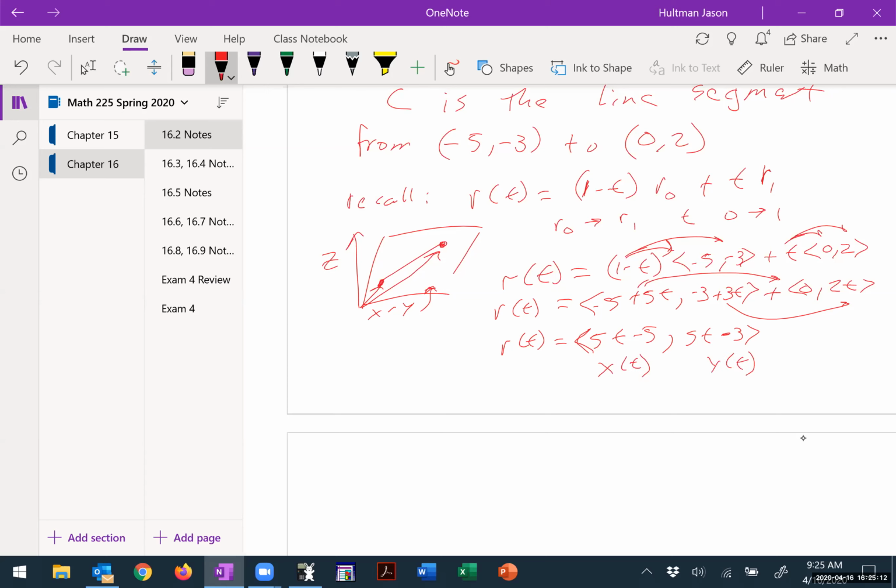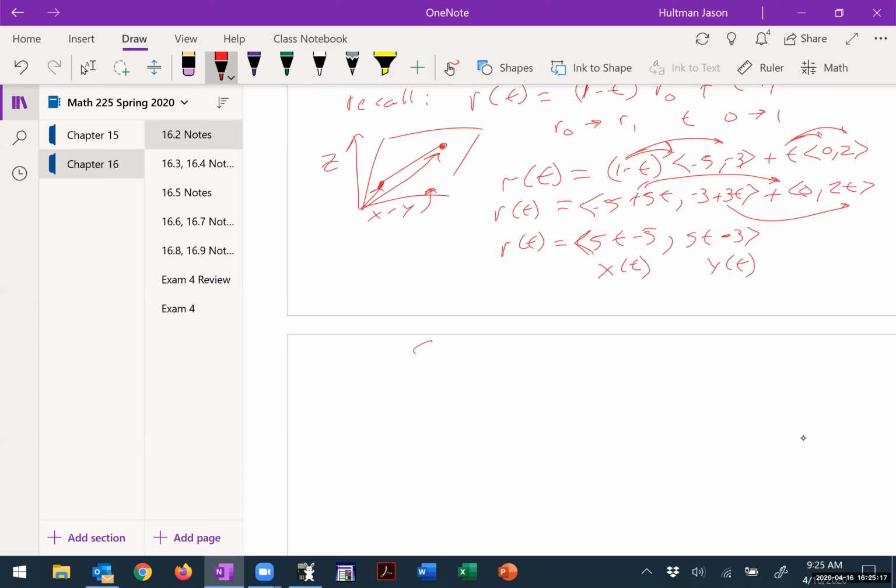Oh, well, that's nice. So we're going to want to integrate our line integral here for y squared dx plus x dy. Those are going to be our line integrals, with respect to x first, and then with respect to y. So y squared is with respect to x, and x is with respect to y.